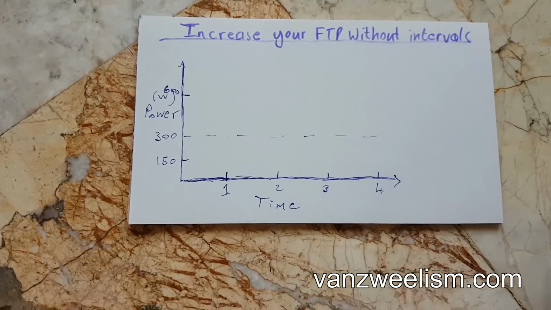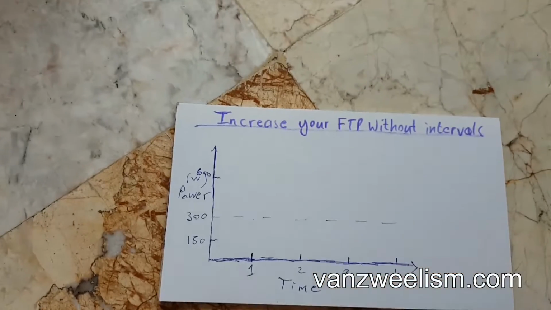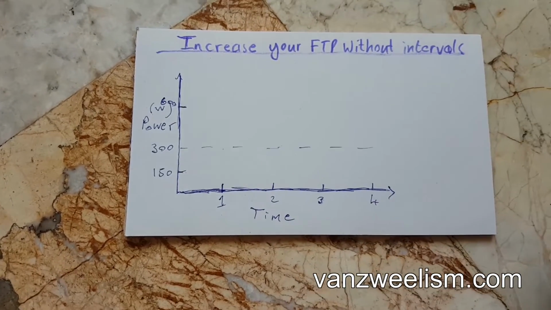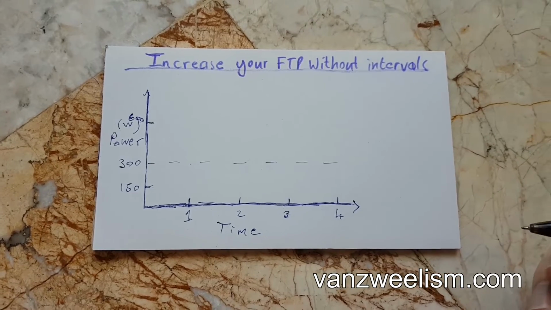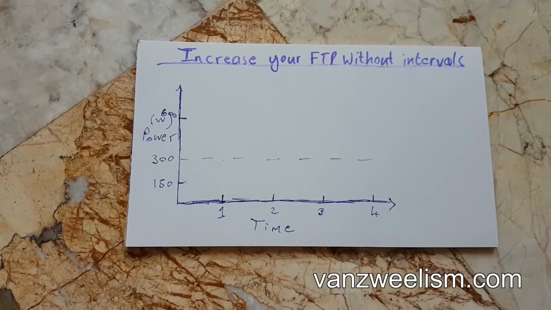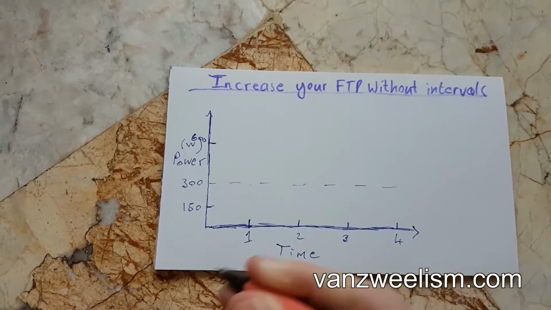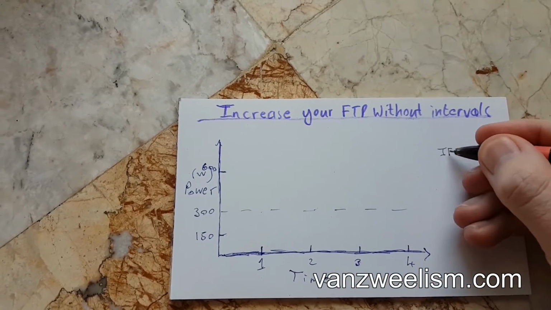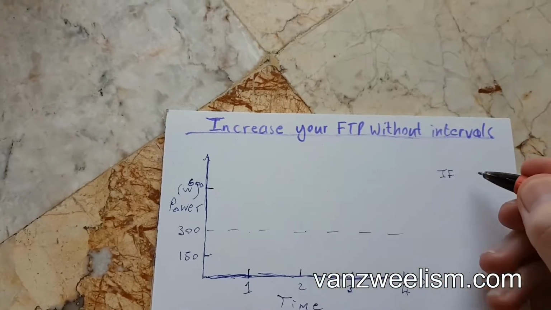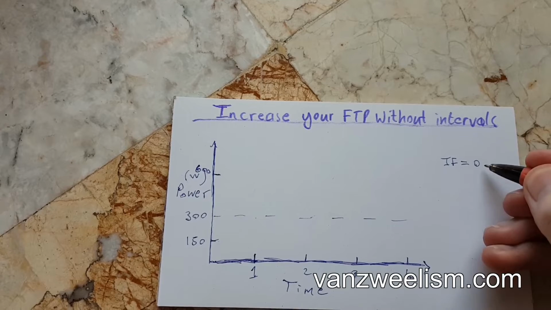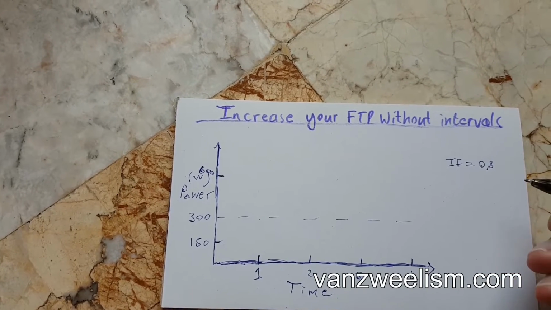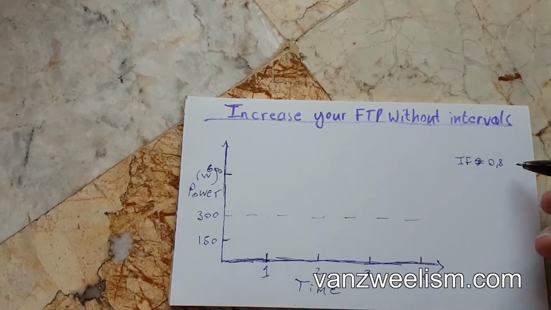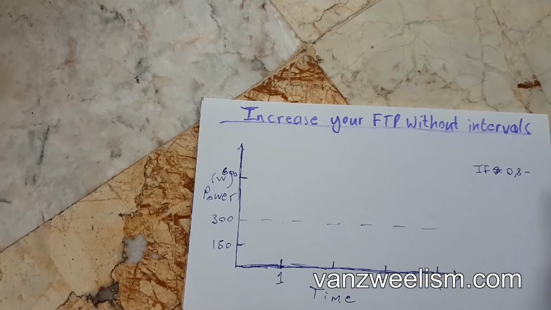So in a race, what you're going to find is that the normalized power of your race is going to be around zone 3. So it's going to be like the same effort as a long tempo ride. Now if it's a 4 hour race, you can expect the intensity factor to be between 0.8 and 0.85.